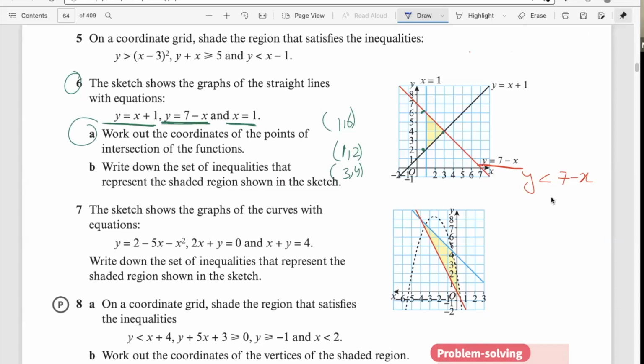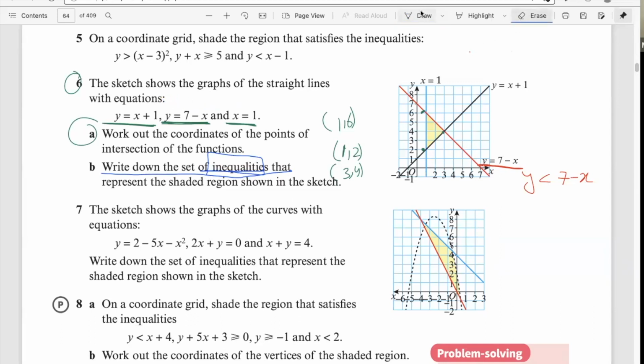Yes or no? I don't understand why we would change it from equals to less than. Because the question says write down the set of inequalities. So this will change to this.